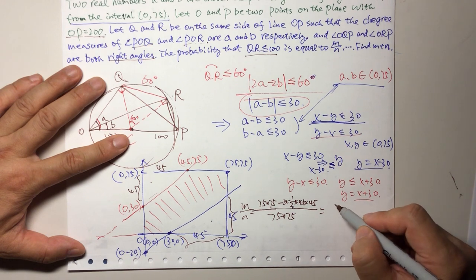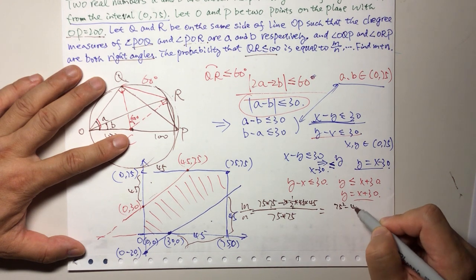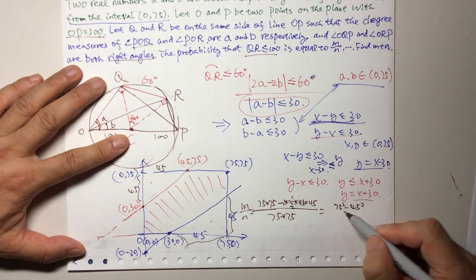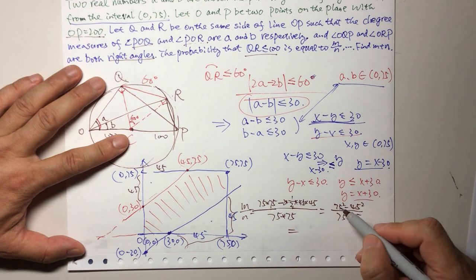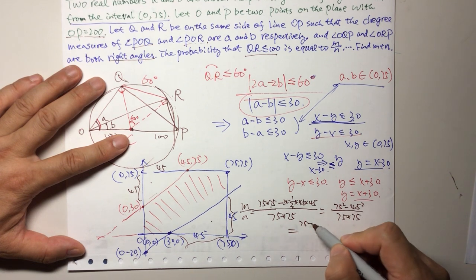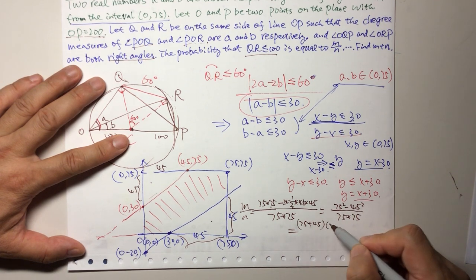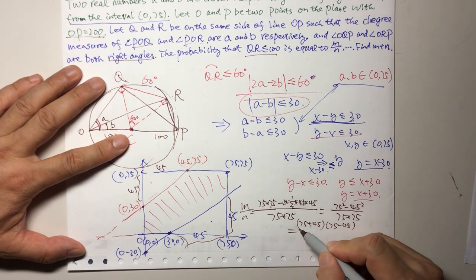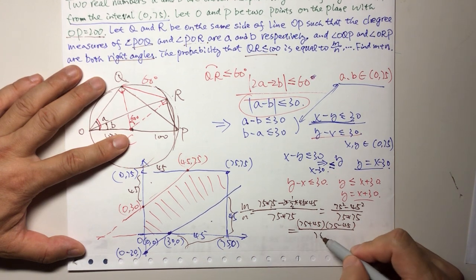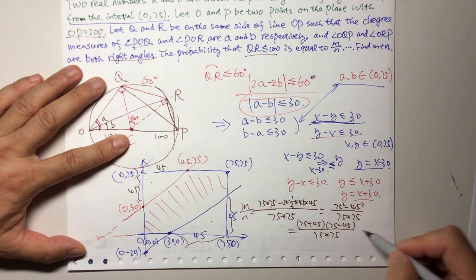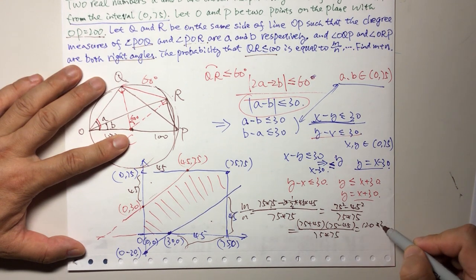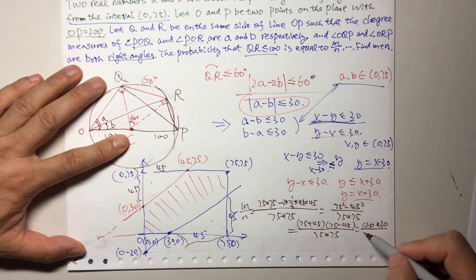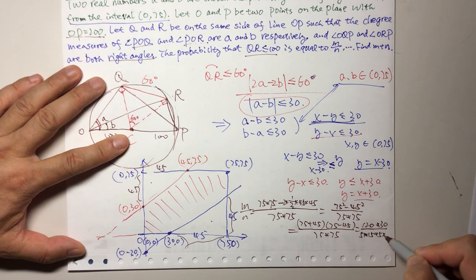And we will get 75 squared minus 45 squared over 75 times 75. So what's this? 75 plus 45 times 75 minus 45 over 75 times 75. So it's 120 times 30 over 5 times 15 times 5 times 15.